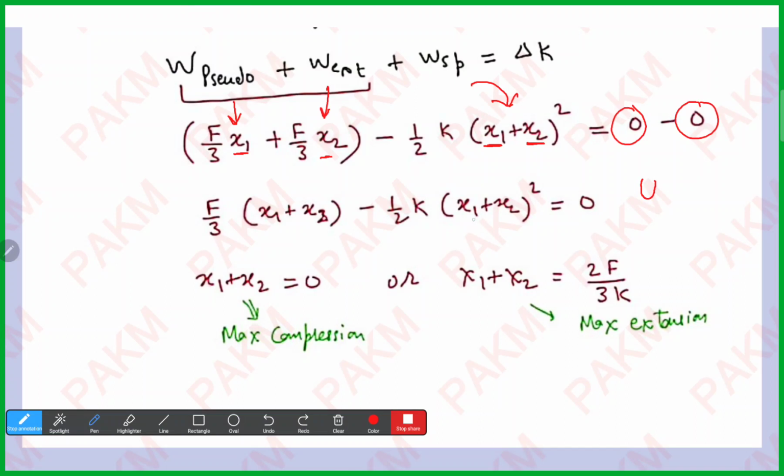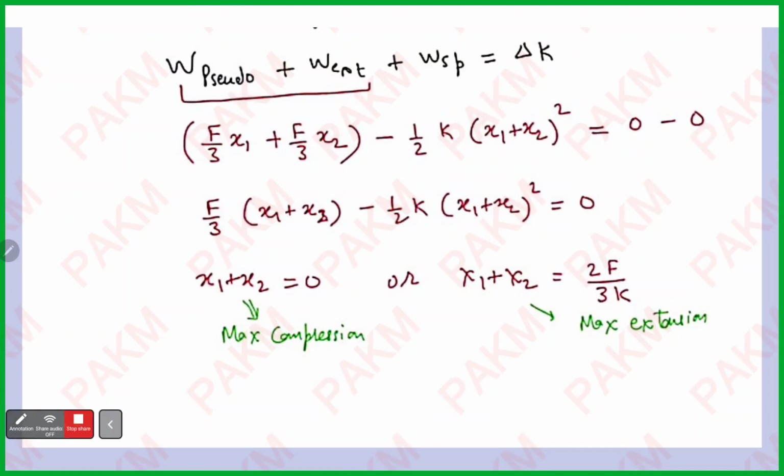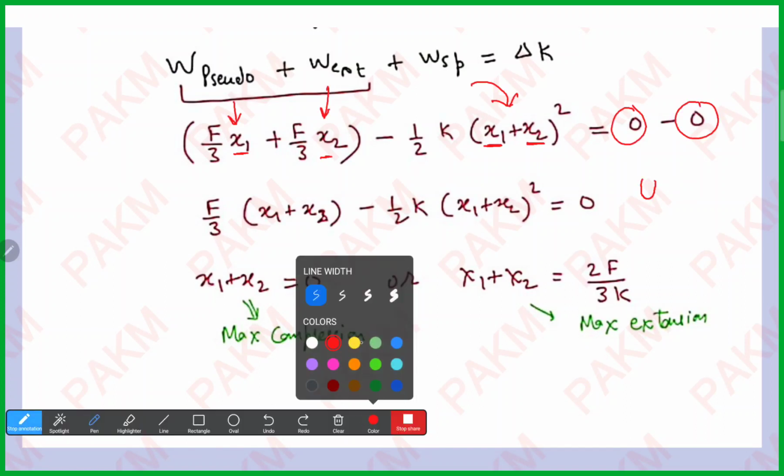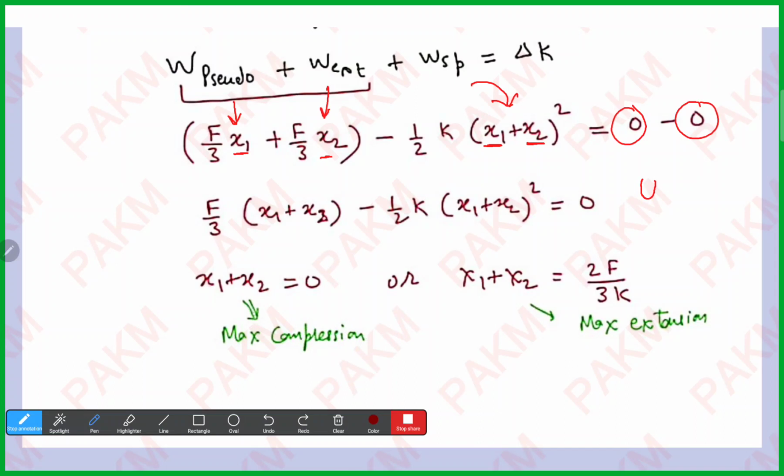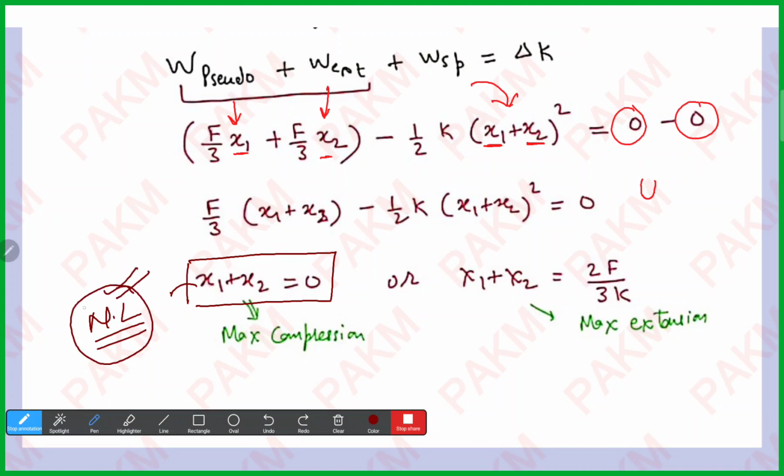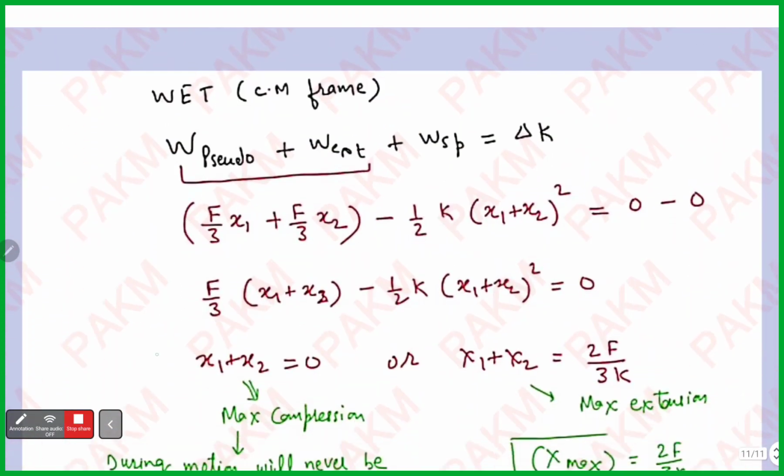Once we solve this expression, we get a very interesting result. Once we take common terms, x1 plus x2 comes out to be 0, or x1 plus x2 comes out to be 2F by 3k. The first is the natural length, meaning during the motion the spring cannot compress beyond the natural length because of the external force. The second is the maximum extension, whose value is 2F by 3k.